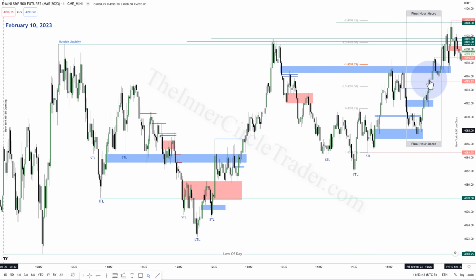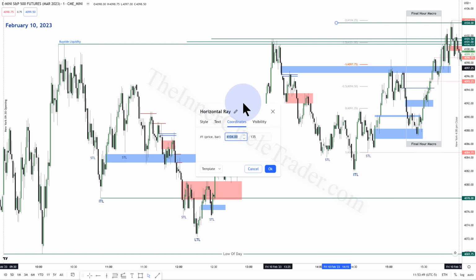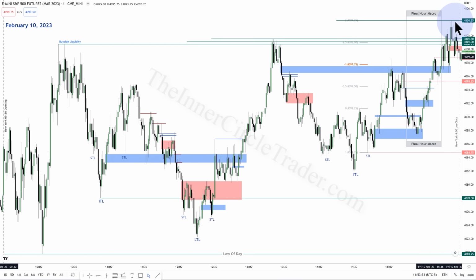And ultimately how the market walked up into that buy side, into the 4104.25 level, nailing the high. The final hour macro, which is 3 to 4 o'clock, the last hour of trading before the 4 o'clock closing session.